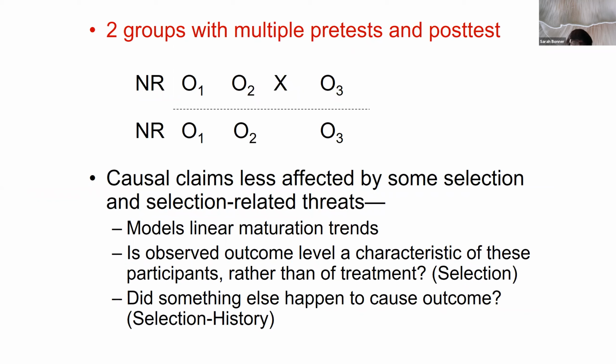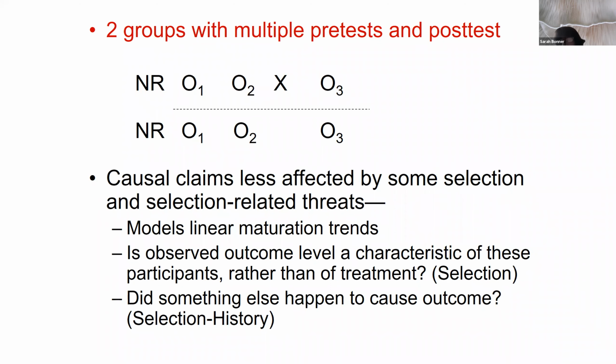One thing you can do is have better records of what people were like before they got into your treatment group. This is really nice to see if two groups are maturing differently, because you have a sense of how stable they are on whatever you're measuring before treatment.